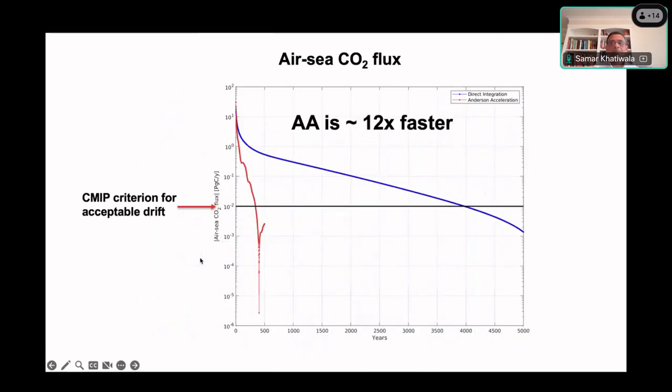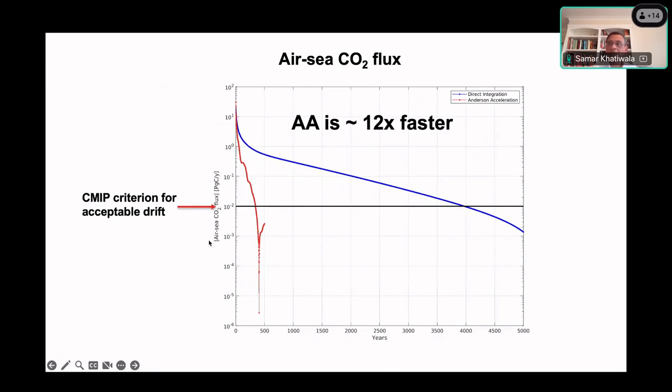A more physical criterion for equilibrium is the air-sea flux of CO2. In OMIP, which is part of CMIP, a criterion was established that the air-sea flux of CO2 should be below 0.01 petagrams carbon per year.